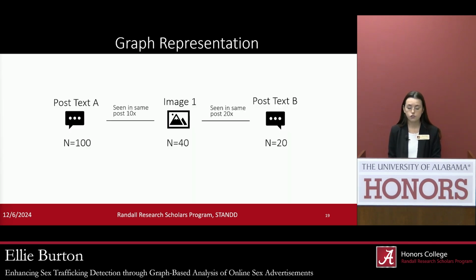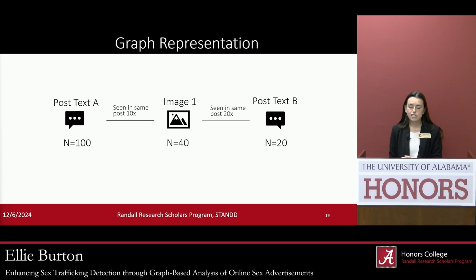Going back to this data set that we were looking at earlier, we have these unweighted, undirected, just binary linkages between data points. We can look at the significance of these edges by weighting them and seeing a sort of confidence score on the connection. Looking at this example, we might have 2 posts, post A and B. Post A is seen 100 times and post B is seen 20 times, but they both include the same image.